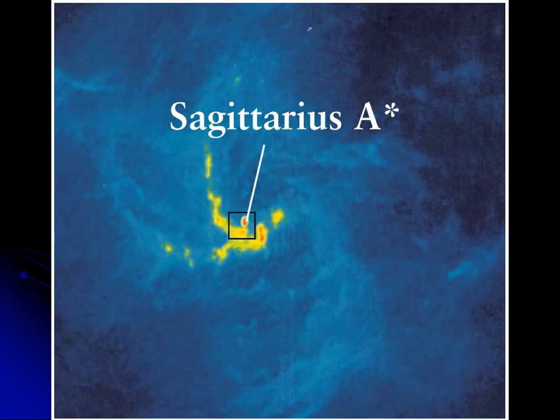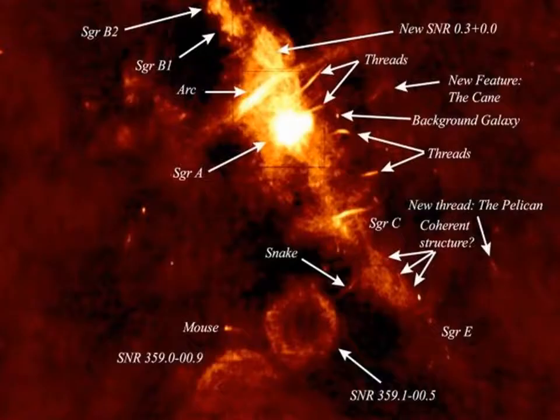So if you zoom in with the VLA, or VLBA even, to Sagittarius A star, you find the actual active part of Sagittarius A star is an even smaller thing. Okay, and we have all this dust, and it looks kind of like a spiral sort of pattern around here. And again, that suggests there's gravitational forces and motion going around the center of the galaxy.